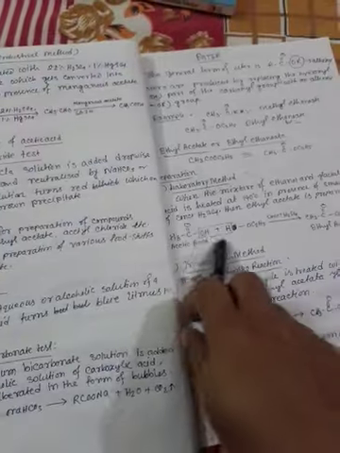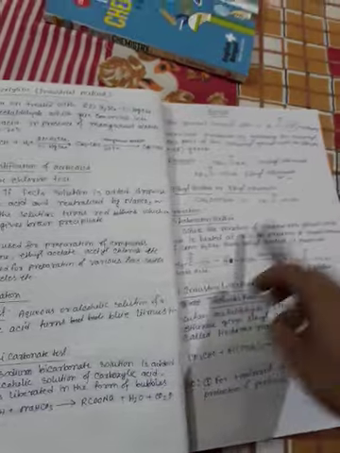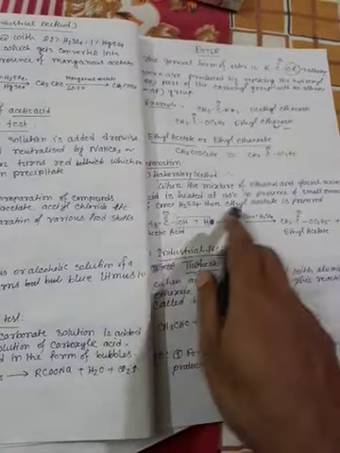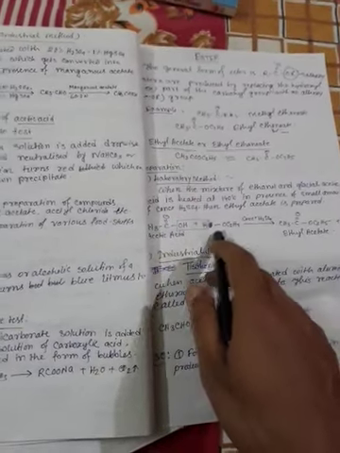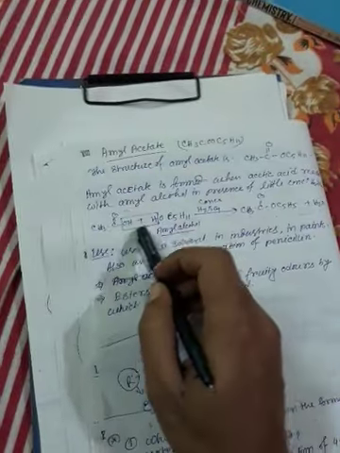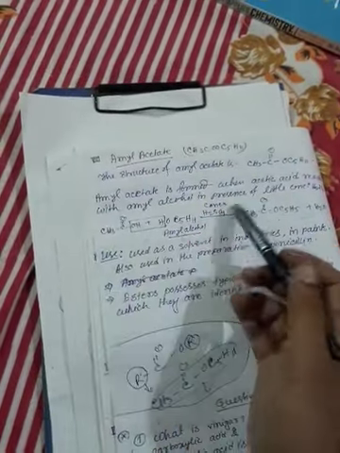Similarly, in this way we can prepare amyl acetate as in ethyl acetate. In the laboratory method, ethyl acetate reacts with ethyl alcohol. But in case of amyl acetate, we can prepare it by reacting with amyl alcohol.